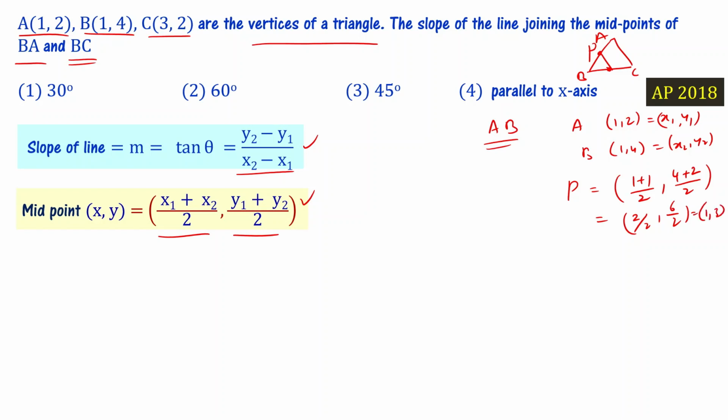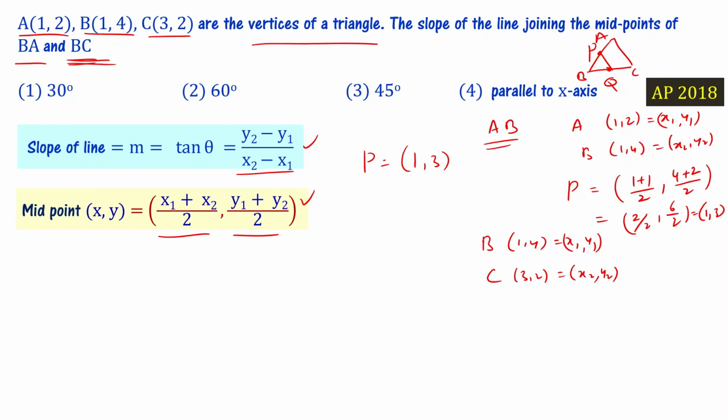P అనే పాయింట్ ఏంటి? 1, 3. Now BC తీసుకోండి. బీసీకి మధ్యలో ఉన్న పాయింట్ని Q అంటున్నాను నేను, మిడ్ పాయింట్ని. B is defined as 1, 4. Let me call this as x1, y1. Now C is 3, 2. Let me call this as x2, y2.